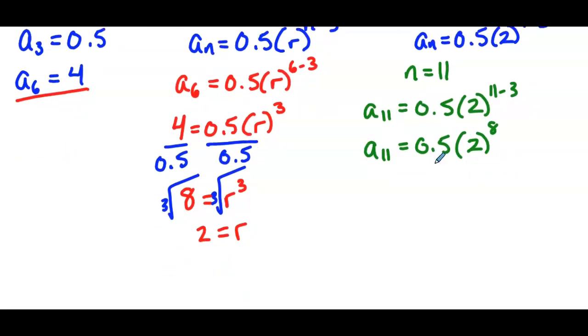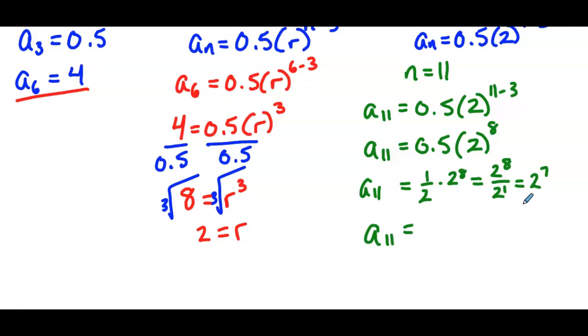Now, just to work through this without a calculator, we could easily plug this in. 0.5 is 1/2, and then times 2 to the 8th, that would be 2 to the 8th over 2. Now remember our properties of exponents here, that's 2 to the 1st. Subtract those exponents, that's 2 to the 7th. So a sub 11, 2 to the 7th is 128. So the 11th term of this sequence is 128.